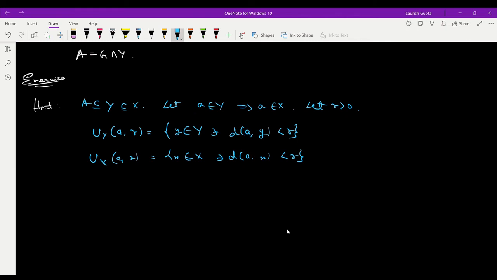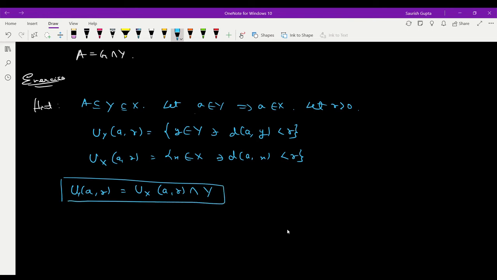Now can we say from here that this open ball U_Y(a, r) is nothing but this open ball U_X(a, r) intersection Y, right? Because restricting the elements of this open ball to only those points in Y is what this intersection gives. That is indeed this open ball. So using this you can obviously understand how to move on with this proof. Is it clear?